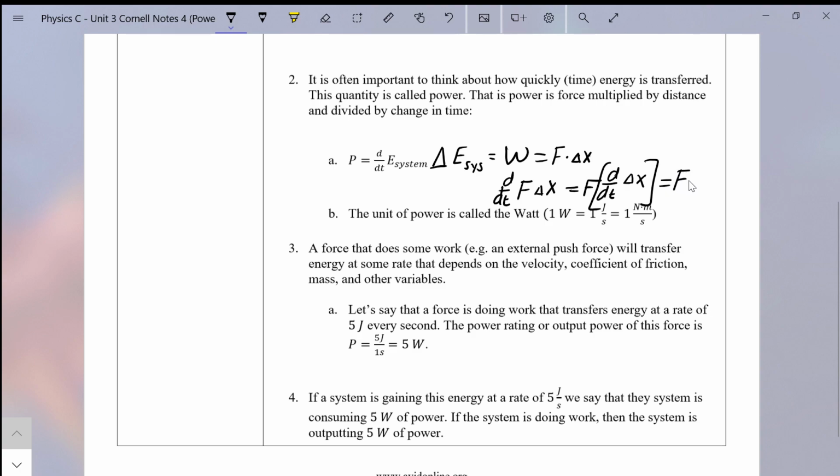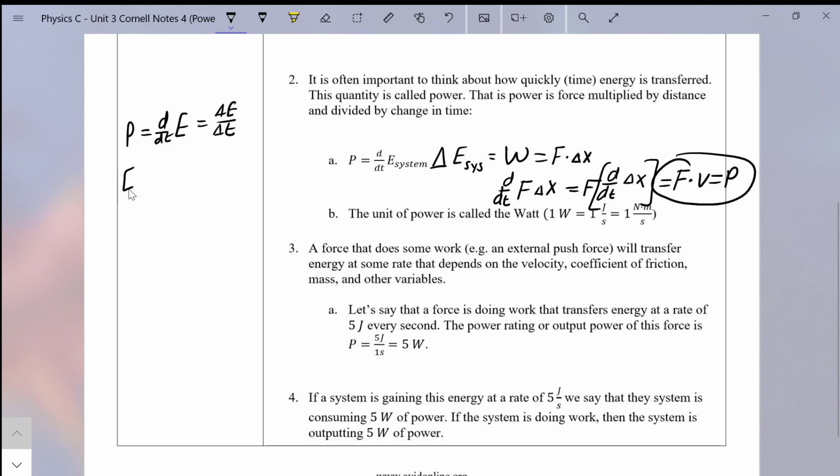So force times velocity gives us a power. The real important equation to take away from this whole video is that force times velocity is equal to power. So remember, power is equal to the time derivative of energy, which is basically delta E over delta t.